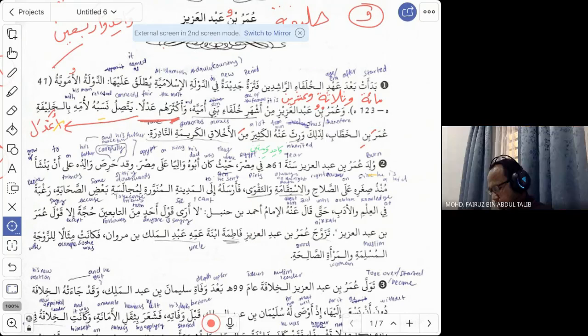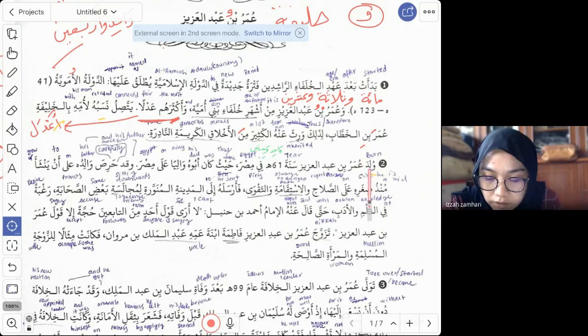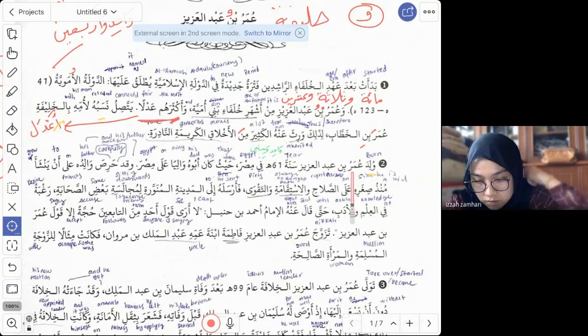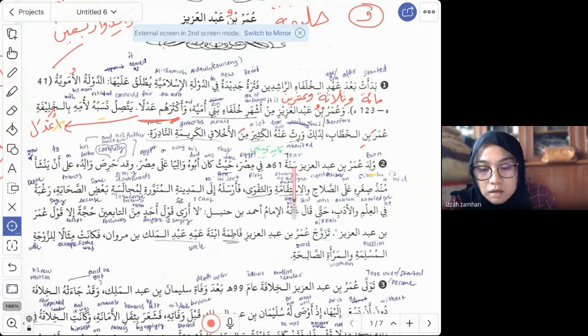You can translate. Wulida means born. Sanata means year. Fi Misra means Egypt.